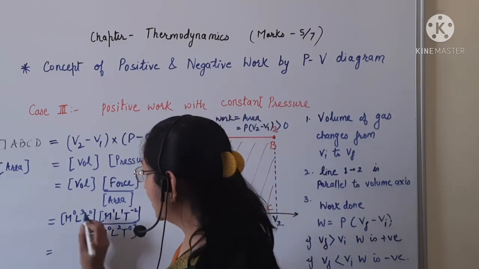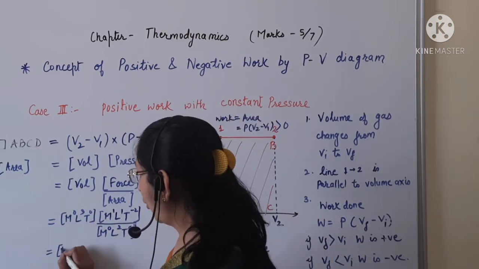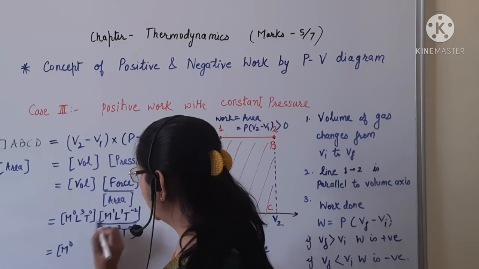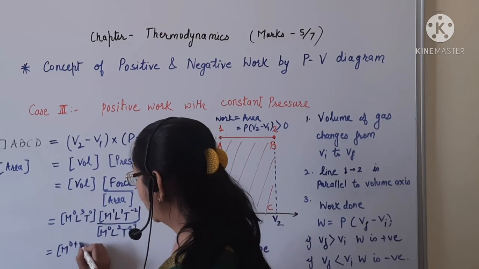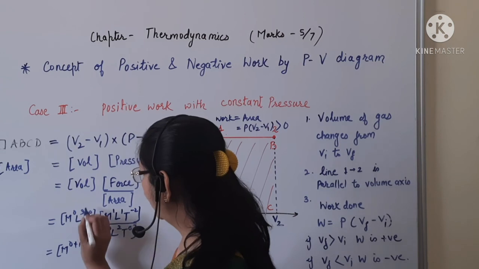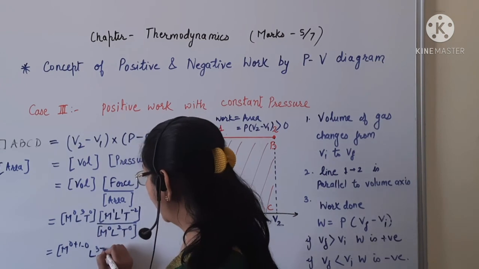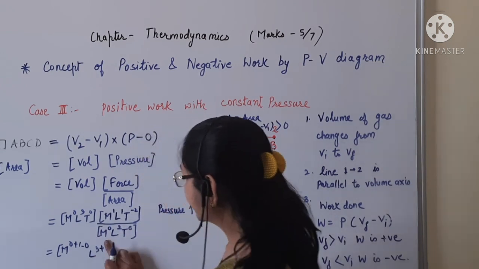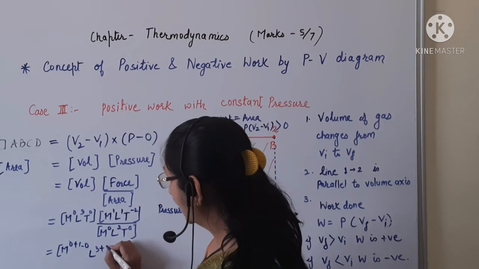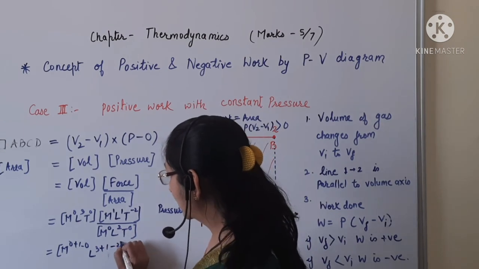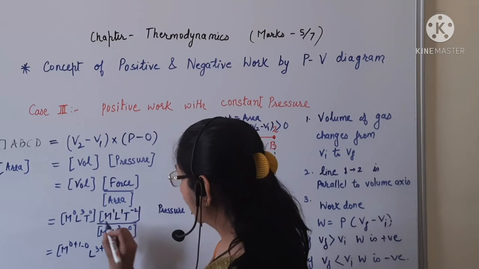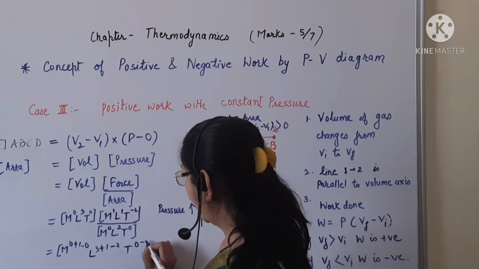So we rearrange and take all the dimensions: M to the power 0 plus 1 minus 0, L to the power 3 plus 1 minus 2, and T to the power 0 minus 2 minus 0.